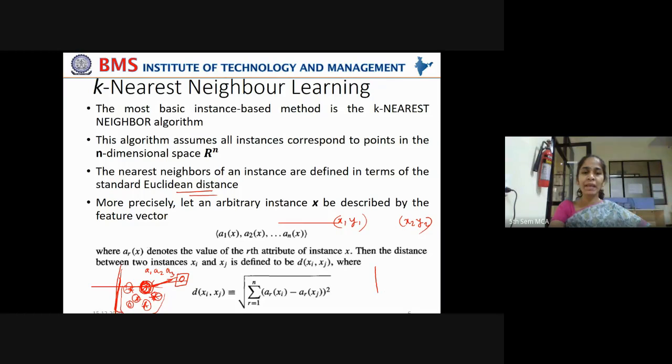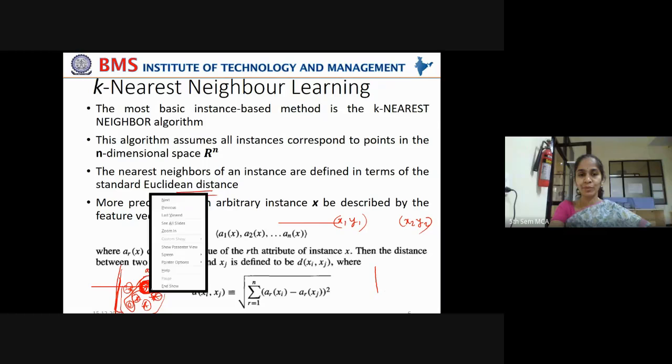Say the distance between this circle new instance and this point is less. So this will be assigned to the circle class, which belongs to this particular existing instance. This new instance will be assigned to the class to which the existing instance belongs, with which the distance is lesser.